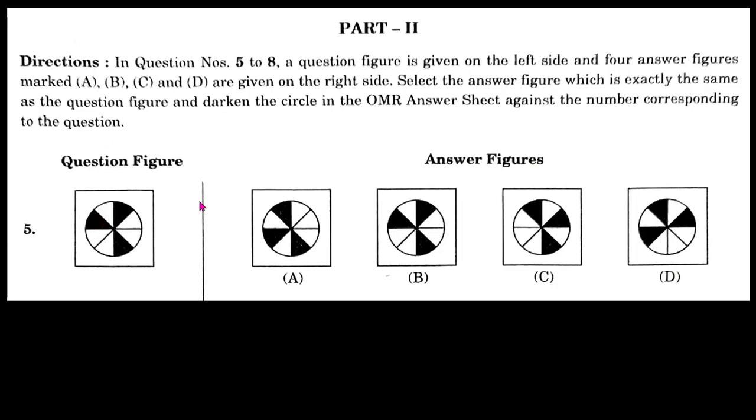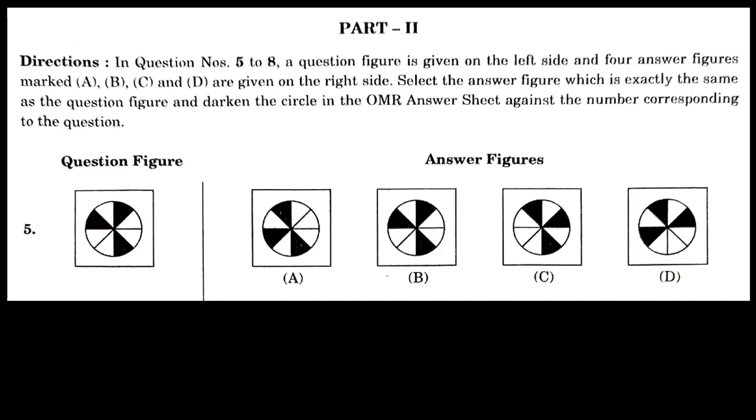In this part of mental ability test, we should compare the question figure with the four answer figures and we should find the answer figure which is exactly the same as the question figure. So now let us look at question number 5.